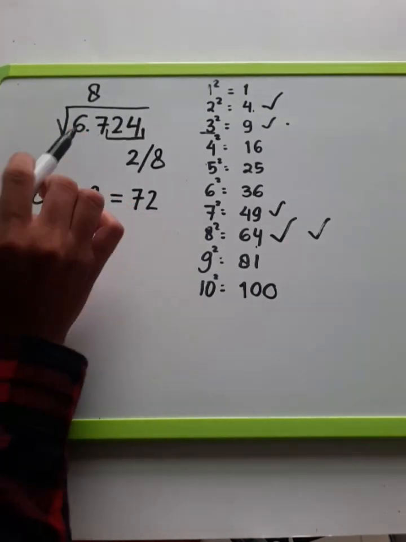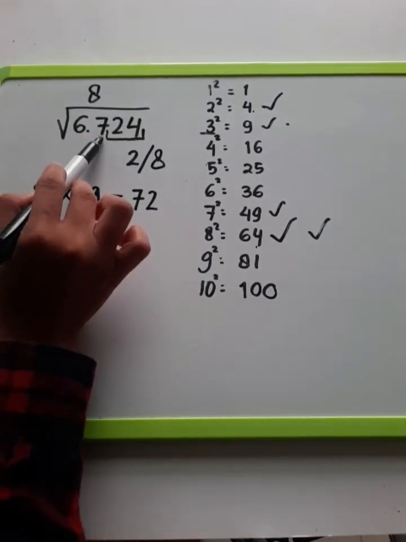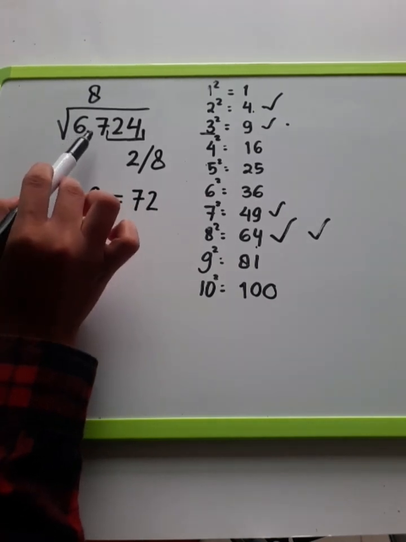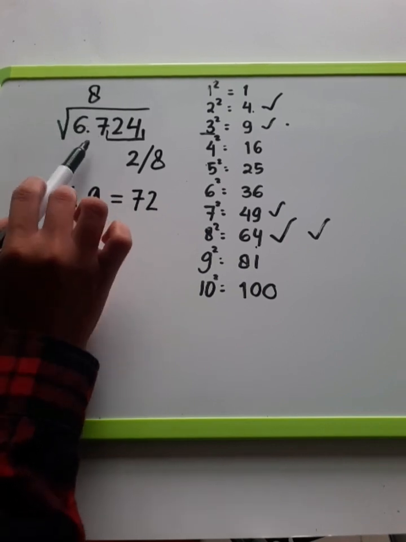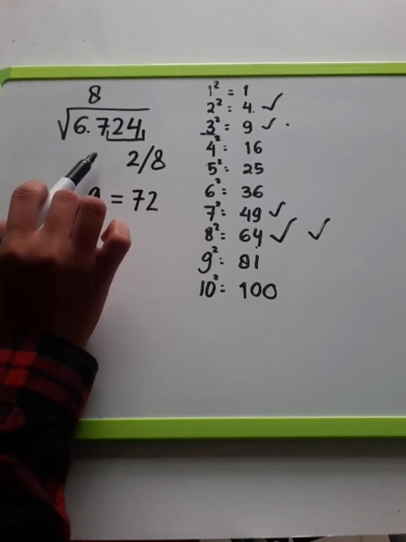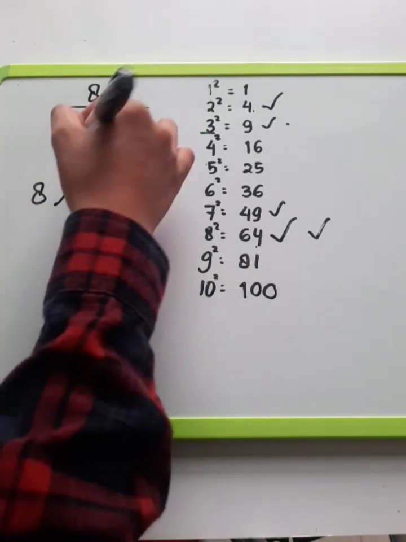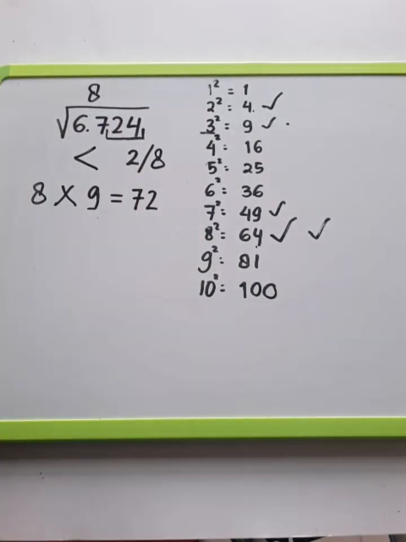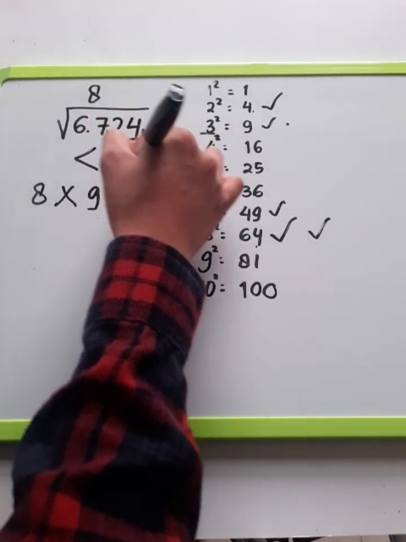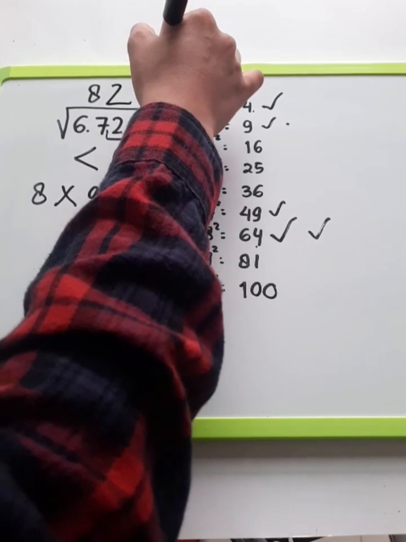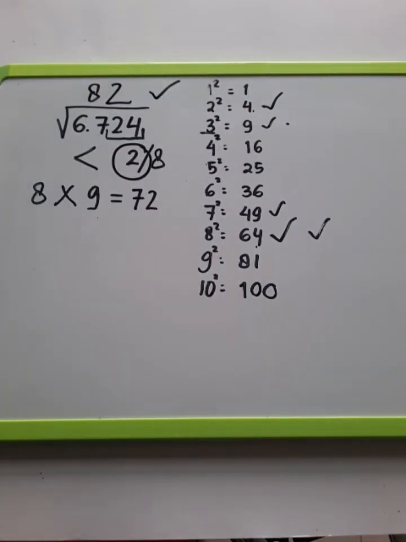Is 67 smaller or greater than 72? Yeah, it's smaller, so you pick the smaller one. So it's 2, and that's enough. Okay, you got it?